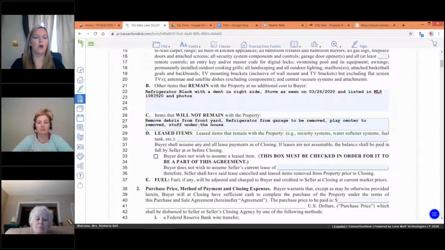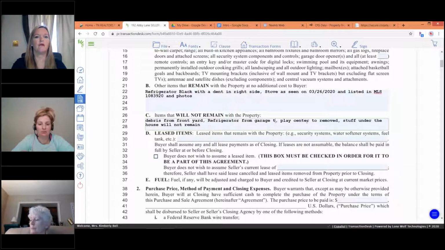Or instead of saying stuff under the house will not remain, which is how our terminology is here, it could say items that will not remain with the property: debris from the front yard, without the word remove, refrigerator from the garage. Because it says items that will not remain, if we're reading that sentence correctly, it could be as simple as this, right?